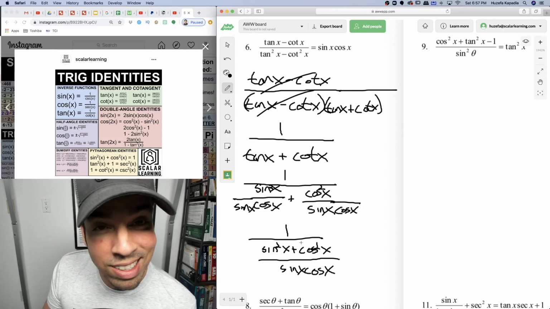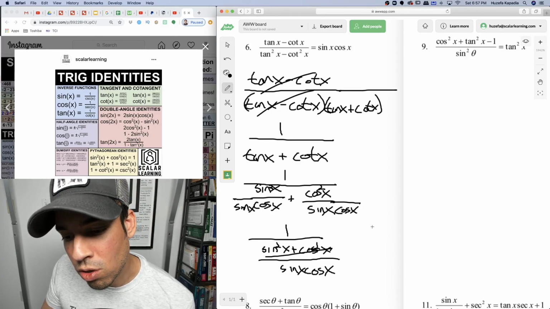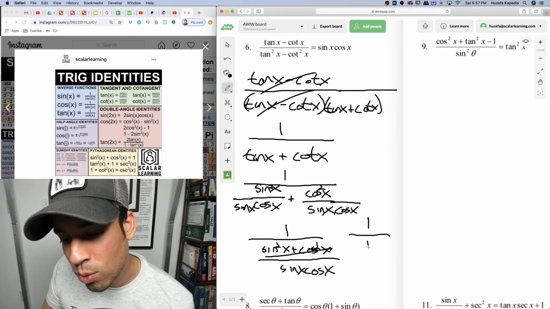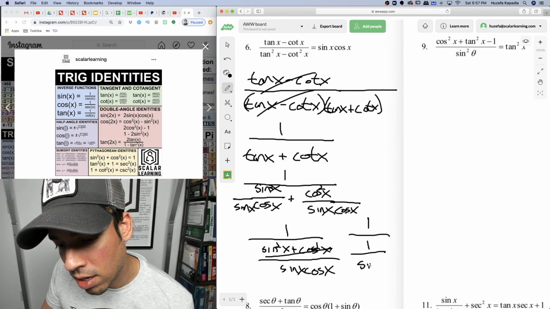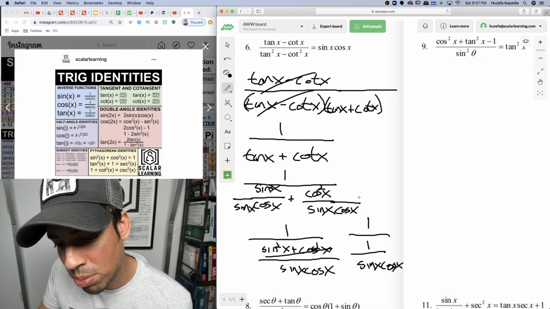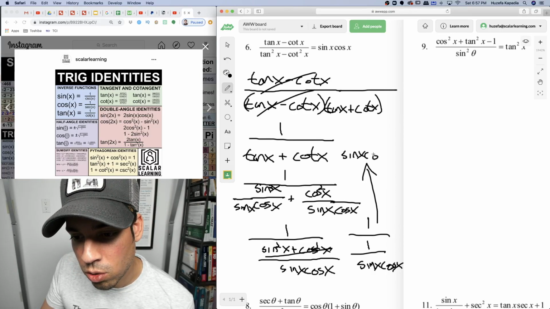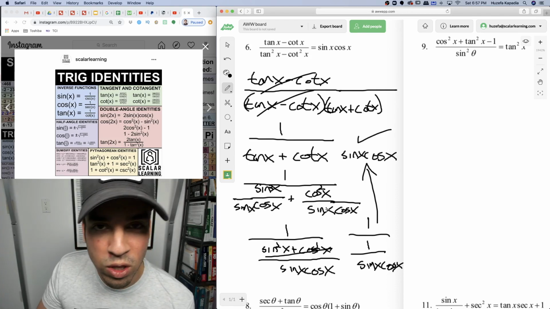Now look, this is looking pretty good because this is the most important trig identity of them all: sine squared plus cosine squared is 1. So now I have 1 over 1 over sine x cosine of x, and then 1 over that is of course just simply sine x cosine of x, and we're done.